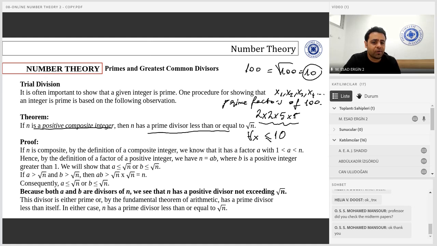This is just a theorem produced by mathematicians.